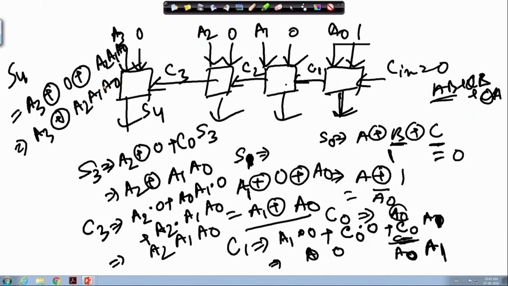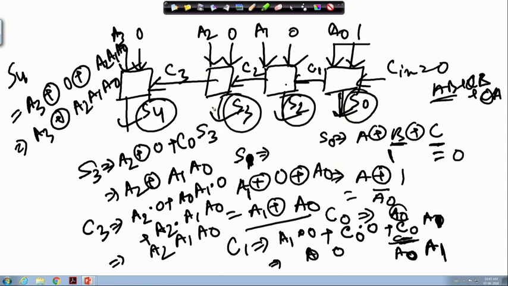So, for 4 bit now I can get the expression for each of these corresponding sum values. Now, if I want to make it a generic case, if you follow the trend, this carry is basically propagating and it is XOR with the corresponding bit which is the input of that particular adder circuit, right.